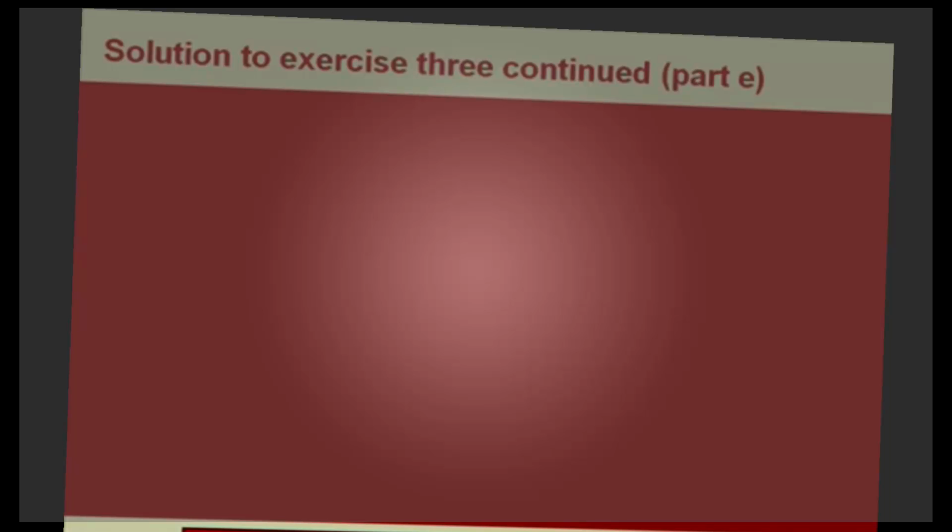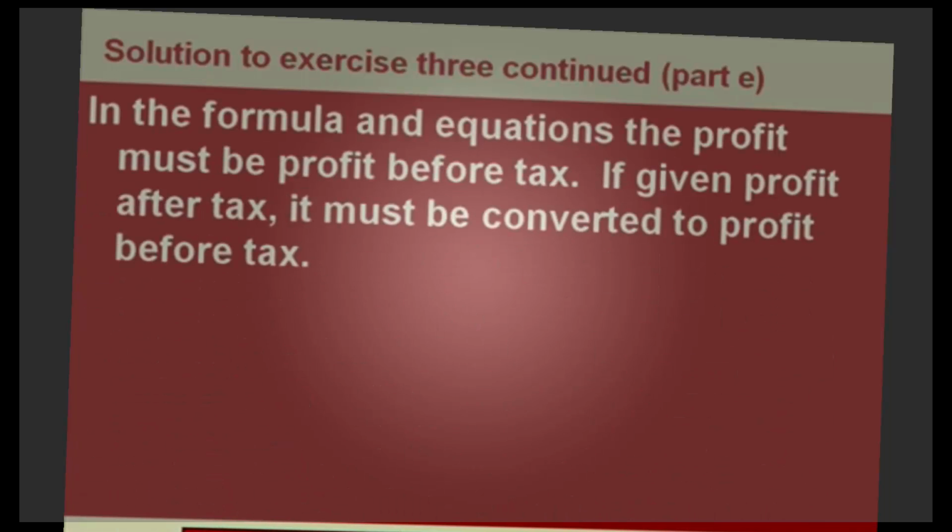What did they ask you in part E? If you look, they asked you how much do you have to sell to make a profit after tax. This is very important. That's why I put it up in front of you. In the formula and equations, the profit must be profit before tax.